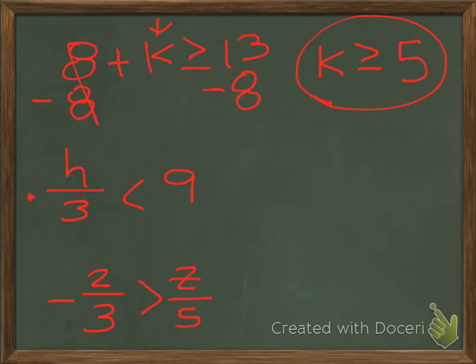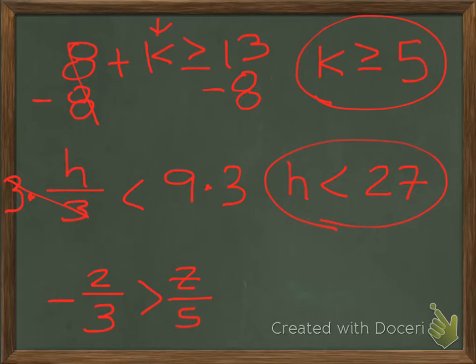So this one, we have h divided by 3, so we're going to multiply by 3 on both sides, and we get h is less than 27. The next one is z divided by 5 on the right side, so we're going to multiply by 5. Since this is a fraction on the left side, I'm going to make 5 a fraction as well, so 5 over 1.